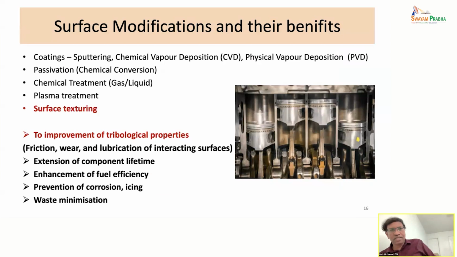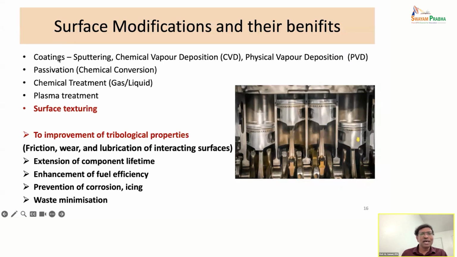Now, coming back to surface texturing. The general term which has been used for this is surface modifications. Surface texturing is one of them. Why are these modifications required and what are the different methods?